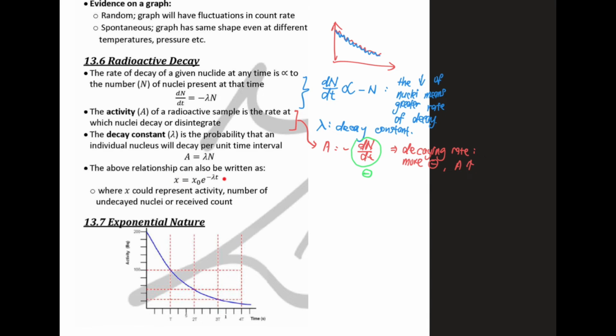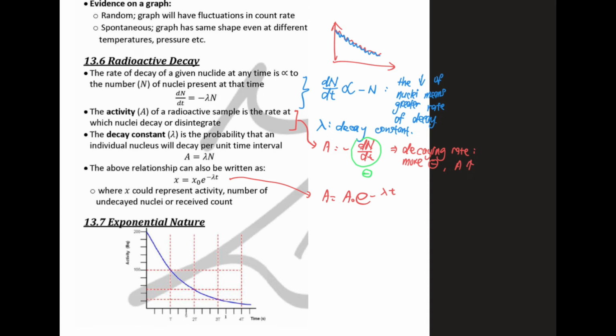So this is the equation to represent that. Where x could represent activity. So you can change it to A, A equals A naught e to the power of minus lambda t.